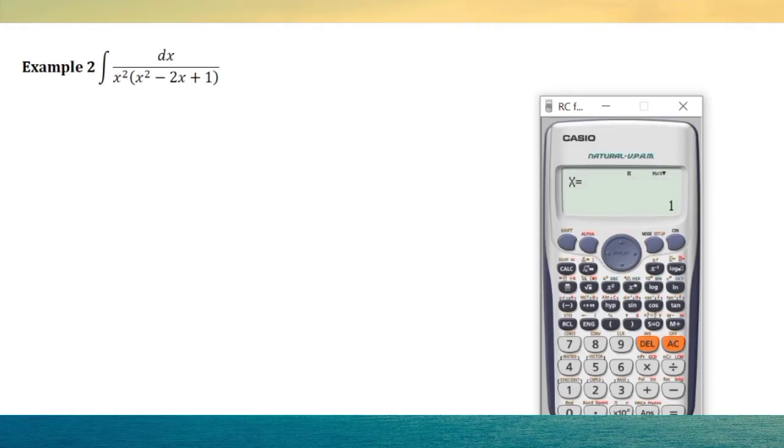So dalawang x is equal to 1. Meaning, since sinabi sa calculator that x is equal to 1, so dalawang x is equal to 1, that is x minus 1 and x minus 1.